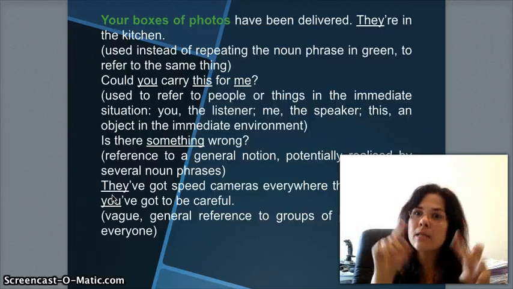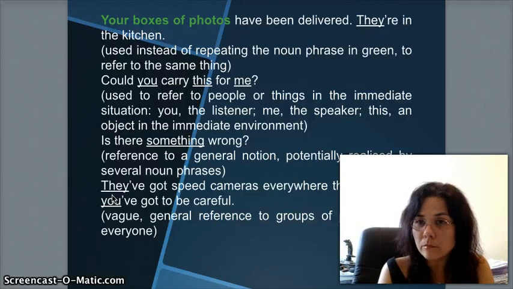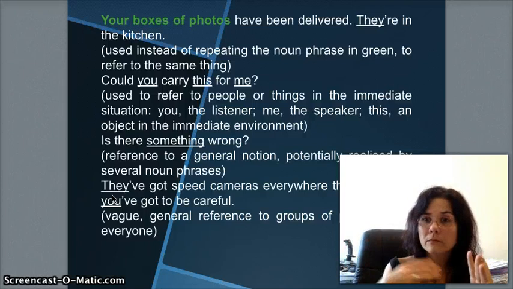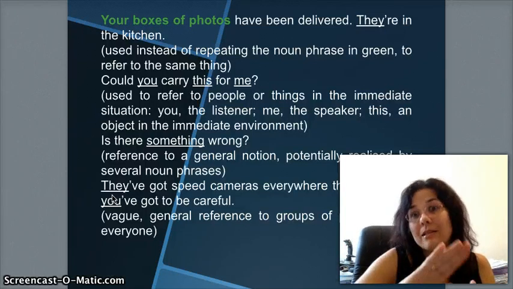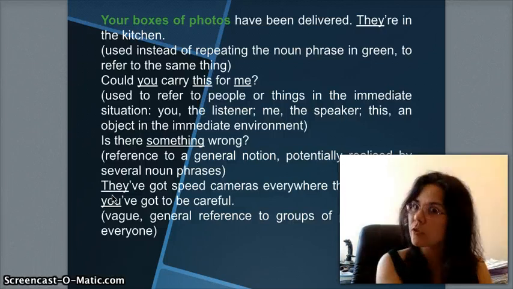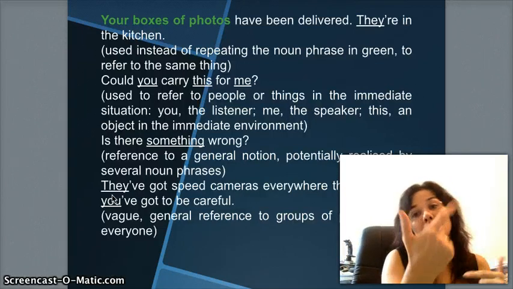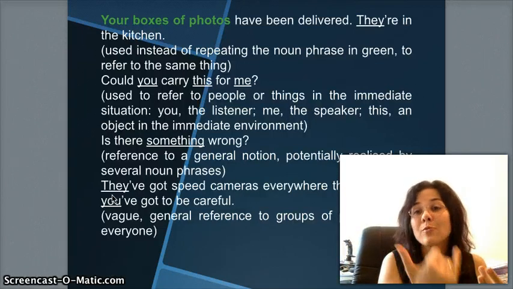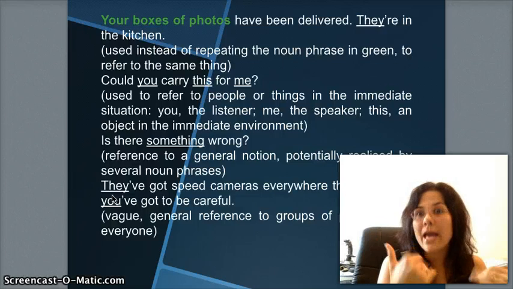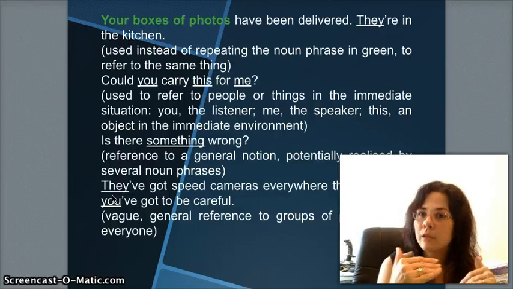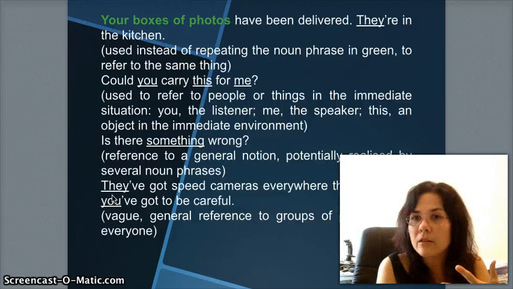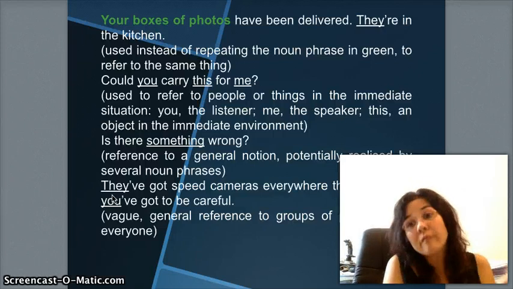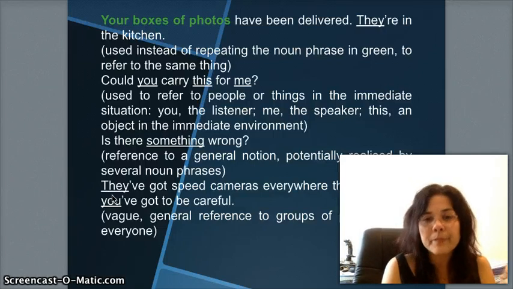So this they is referring to something that's not in the text. It's outside the text, but my listener or my reader has this background knowledge so that they can understand who I'm referring to, okay?